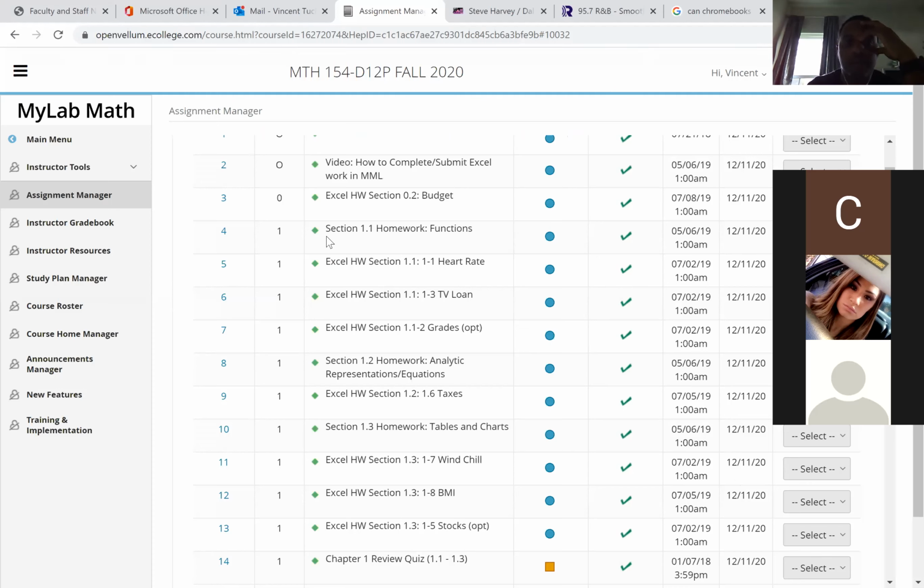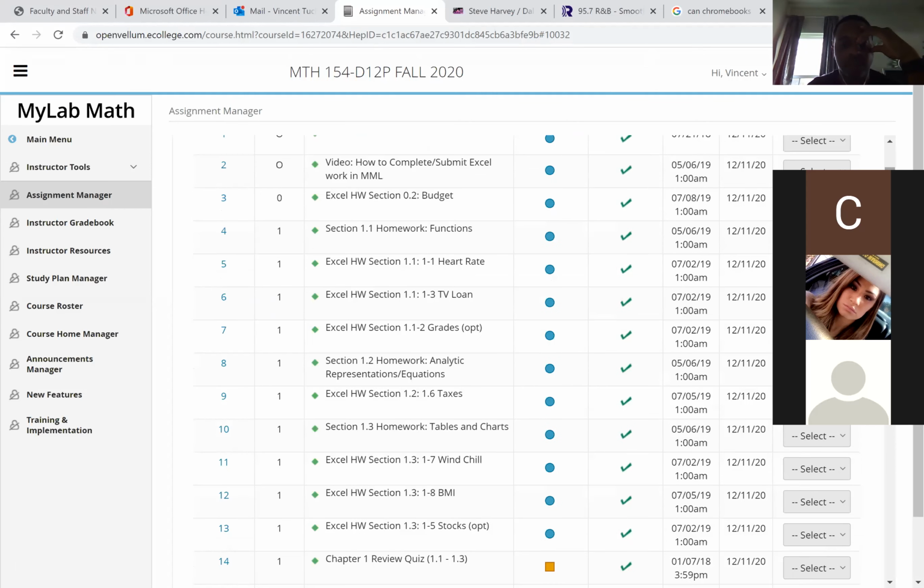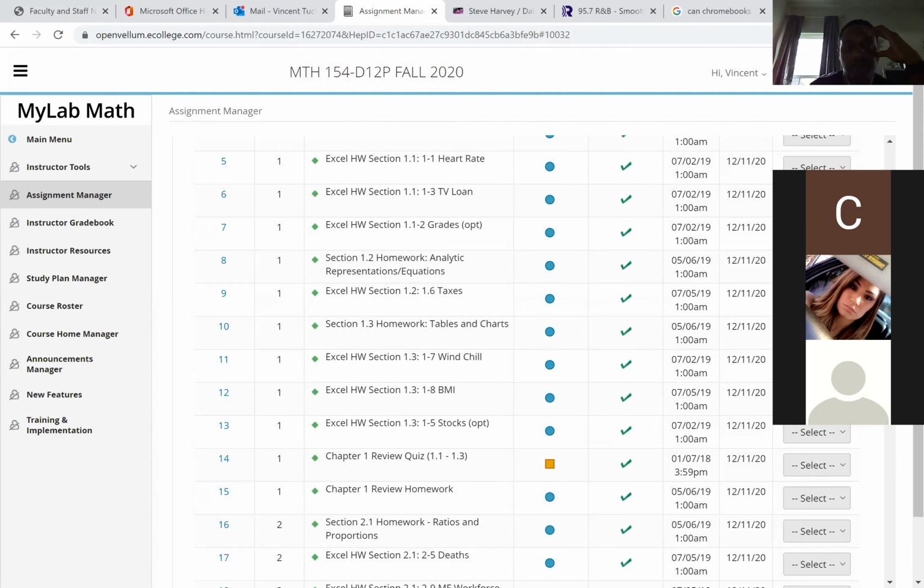But the regular assignments like section 1.1, section 1.2, section 1.3, those are the things we know we can do without any Excel interference. So at least knock those out and we'll figure this Excel thing out eventually. There are only 3 homework sections in chapter 1, and then we're done with chapter 1.